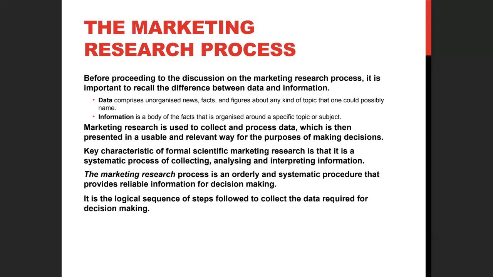The marketing research process is an orderly and systematic procedure that provides reliable information for decision making. It is the logical sequence of steps that are followed to collect the data which is required for decision making.